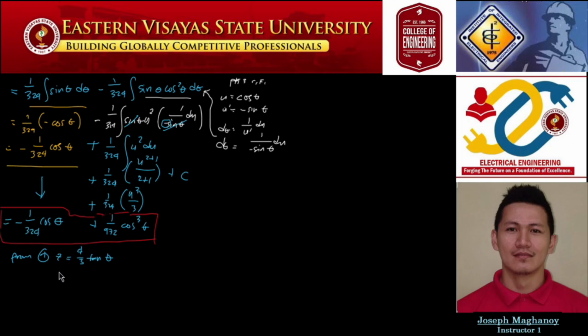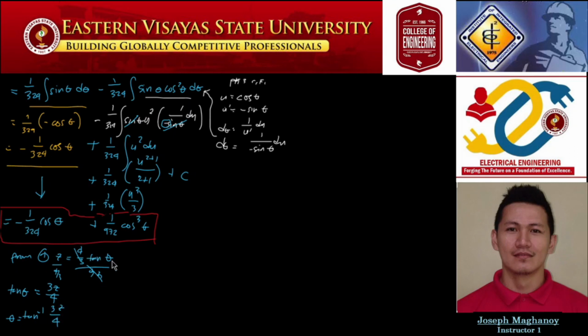So our tangent theta is equal to 3z over 4. Okay, so theta is tangent -1, or arc tangent, of 3z over 4.